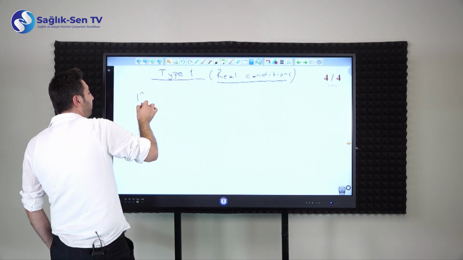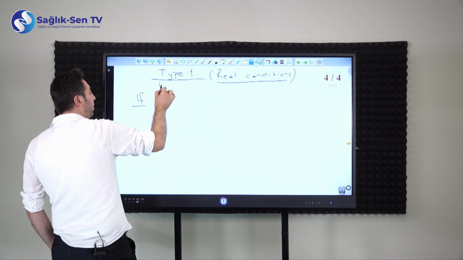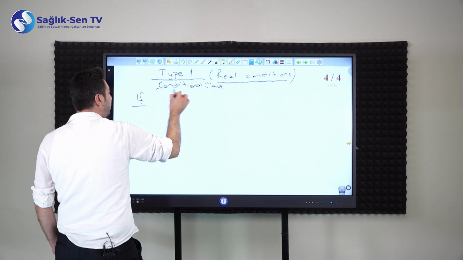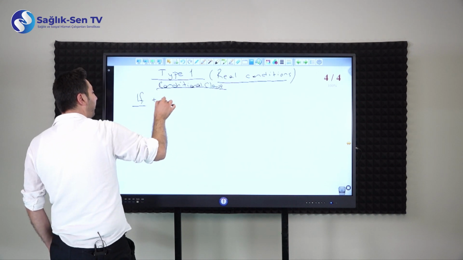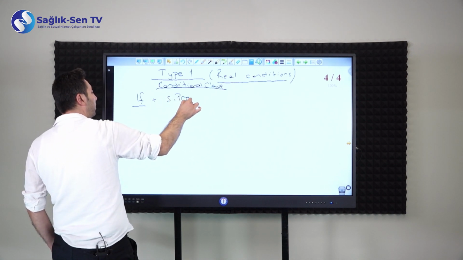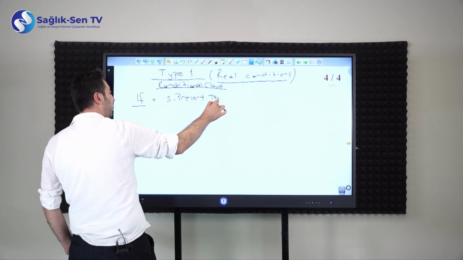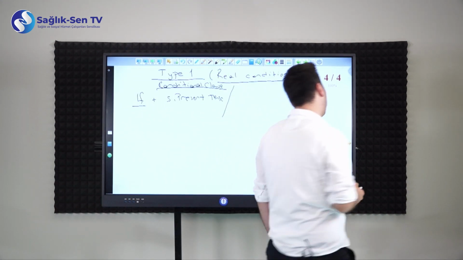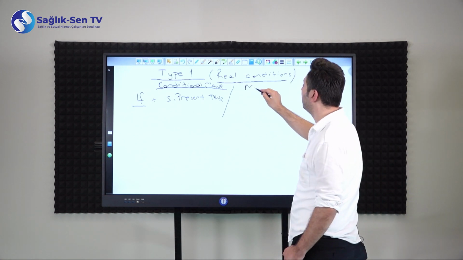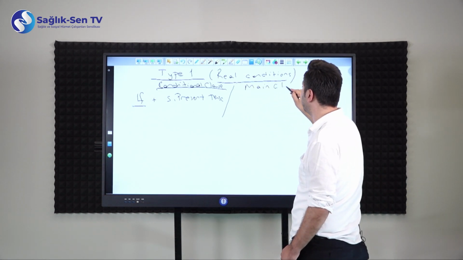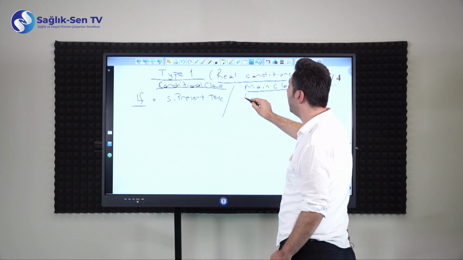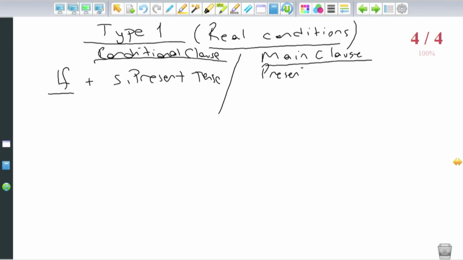This time, after if, to make my conditional clause, again I use simple present tense. To make my main clause, this time I am using present modal verbs.